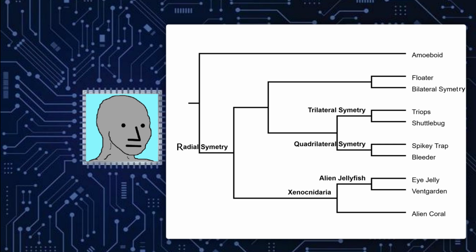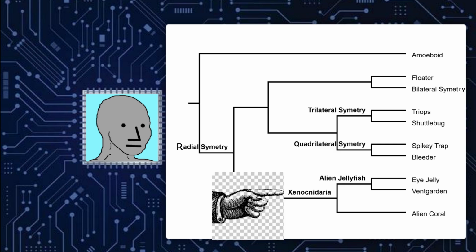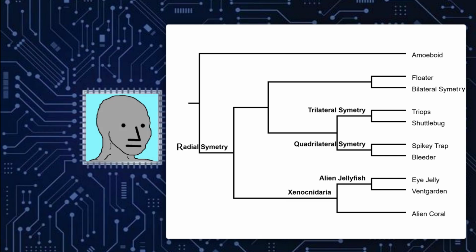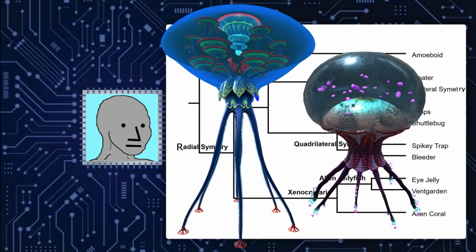One clade that maintained the radial symmetry, or at least I classify them as a monophyletic clade, are the Xenoneidaria, as I call them, because they look like Earth's Nidaria, but they are alien. The vent garden and the eye jelly are basically just alien jellyfish.